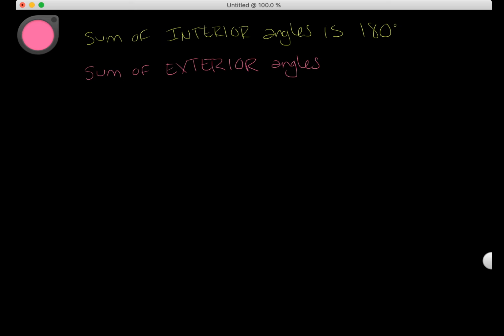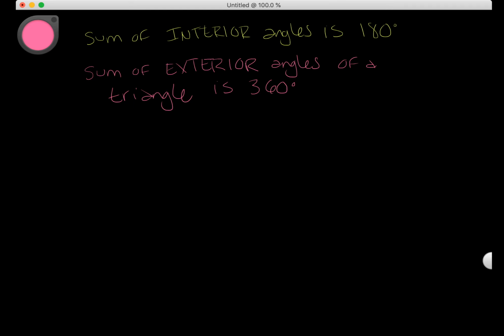Just like we found the missing angle inside the triangle, we can find missing angles on the outside of a triangle. Let's look at an example of that.